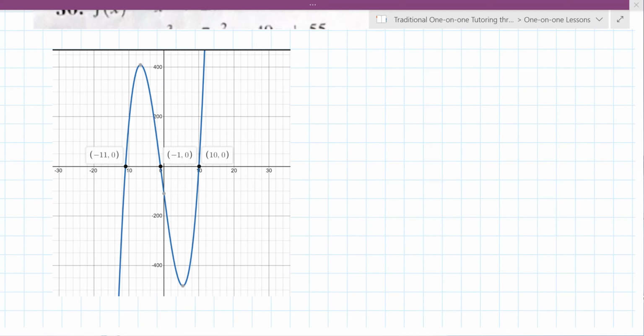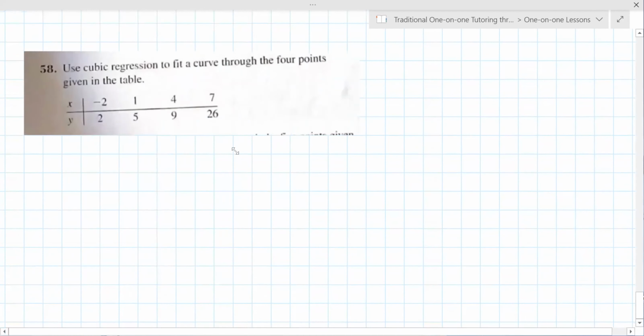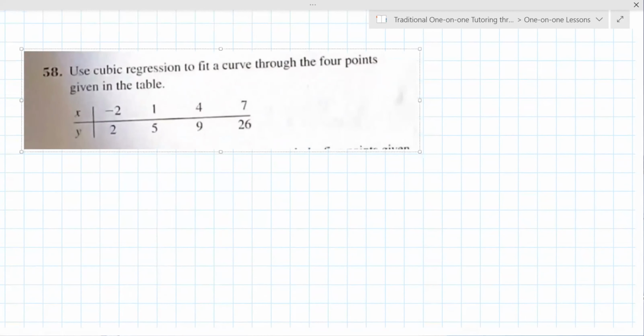All right, 58 is a calculator problem, so I'll pull up a calculator. We're going to enter this data into lists.